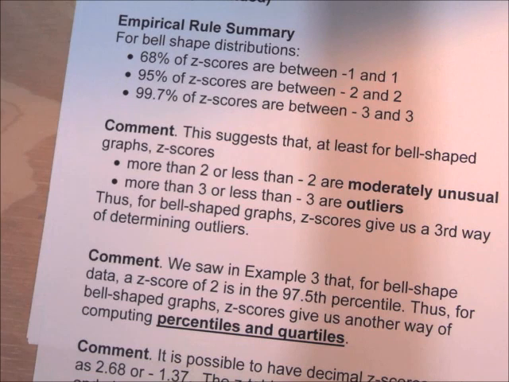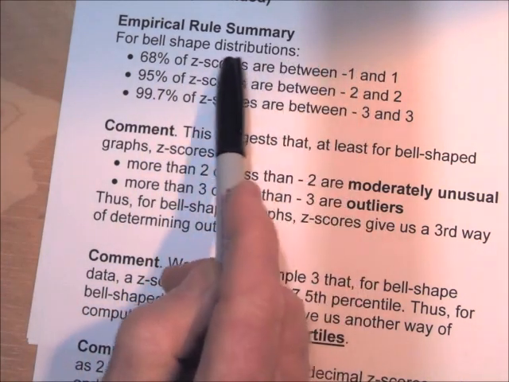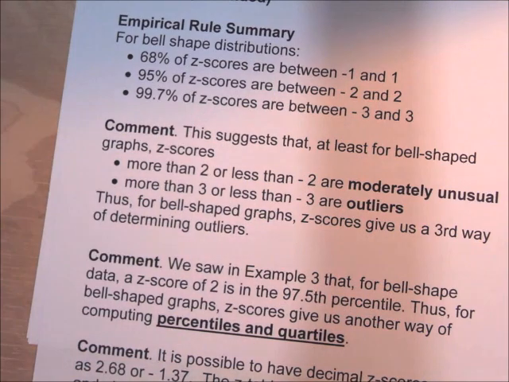In fact, there's also a rule that applies to graphs that are not bell-shaped. The percentages are not going to be quite as high. For z-scores between -1 and 1, the percentage is at least 0%. For z-scores between -2 and 2, the percentage is at least 75%.